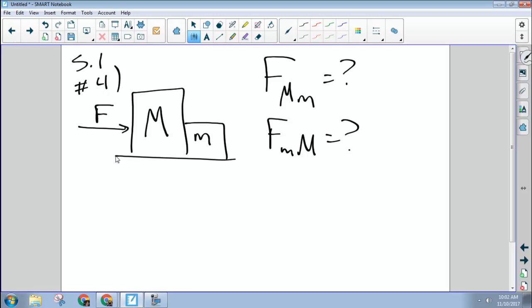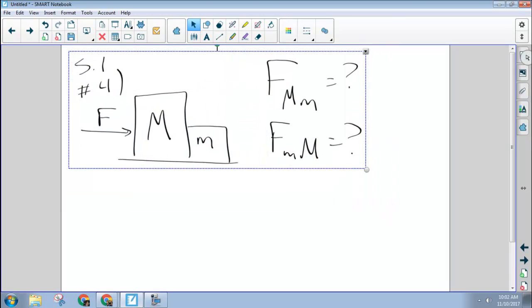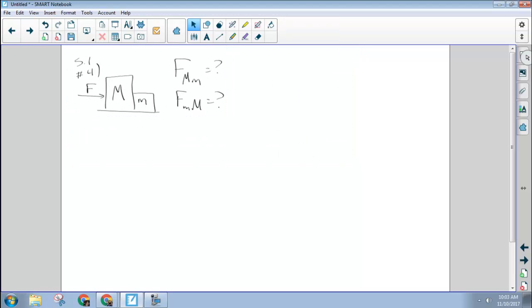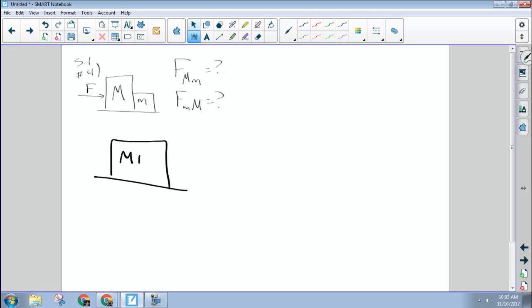Now, there are 3 free body diagrams you should make. There's the free body diagram for the 2-block system, and then the free body diagram for the individual blocks. If I do both blocks, the only force I need to worry about is the F, right? If I do just the big block, then there are 2 forces on it.